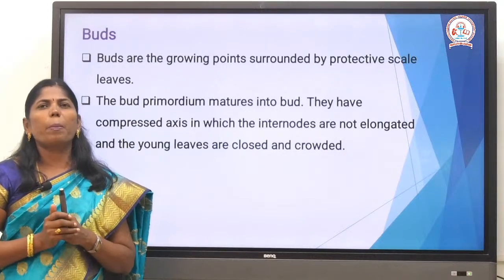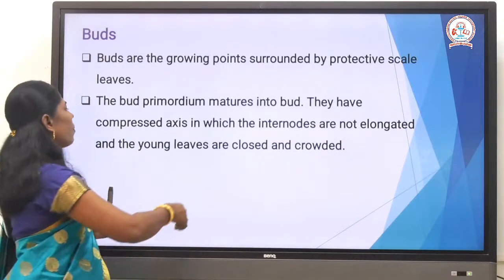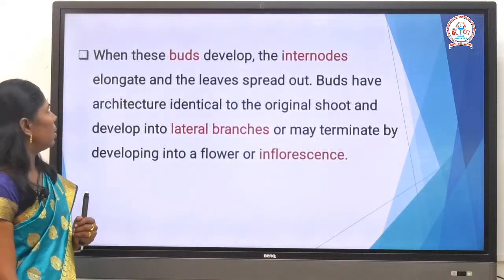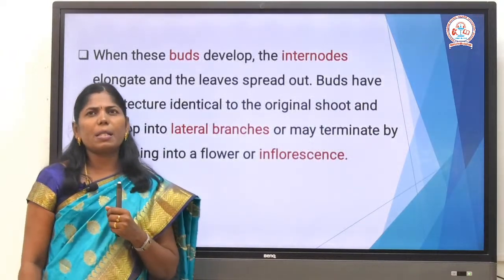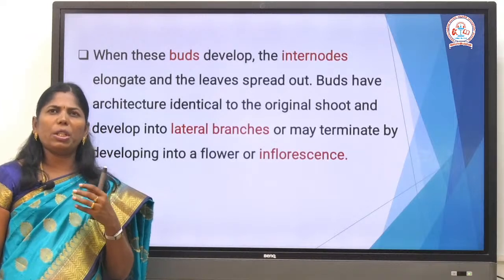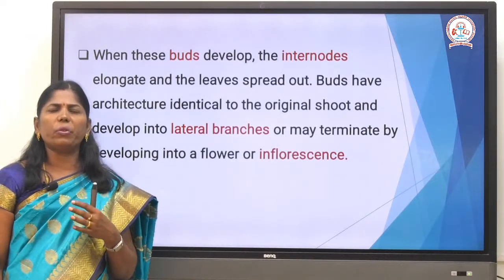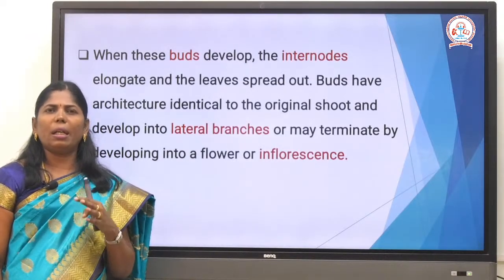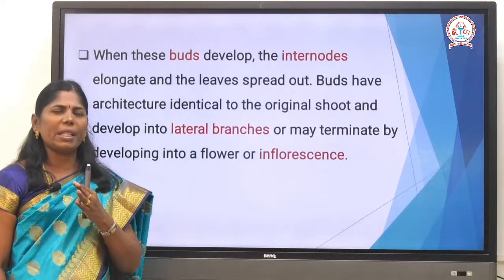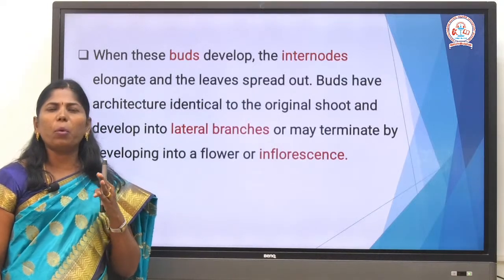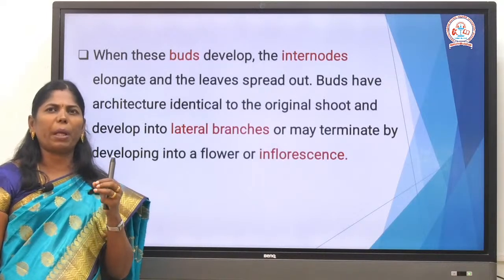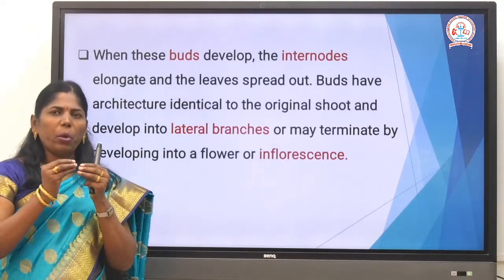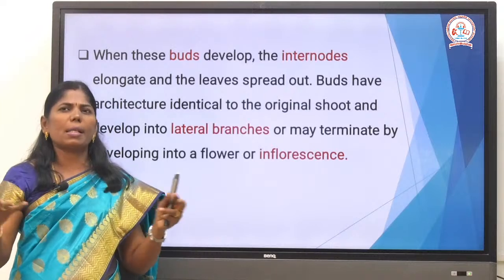That is considered a bud primordium. So when these buds develop, it gives rise to the internodes, nodes, flowers, fruits, lateral branches, inflorescence, everything arises from the bud primordium. From the bud primordium அப்படிங்கிற ஒன்றில் இருந்து தான் எல்லாமே arises ஆகுது.